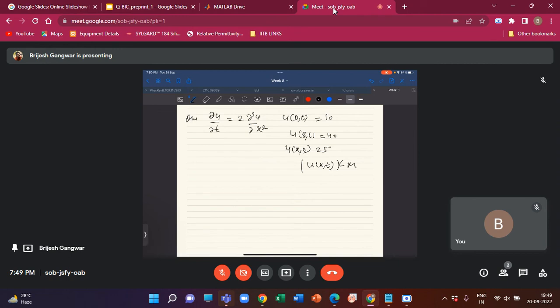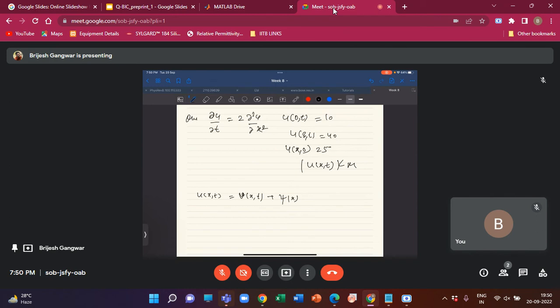So to solve the present problem, we assume that this u(x, t) will be the function v(x, t) plus psi(x), where this psi(x) is suitably determined in terms of v(x, t).